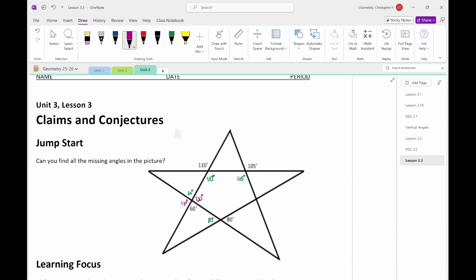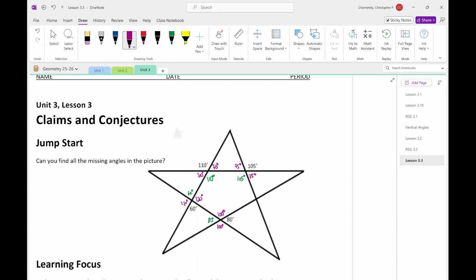Next to this 110, we have to have 70 degrees, and the same on the other side. Next to the 105, that'd be 75 degrees. Next to the 80, we have to have 100 degrees there. And that gives us a lot of pieces that we can work with here.